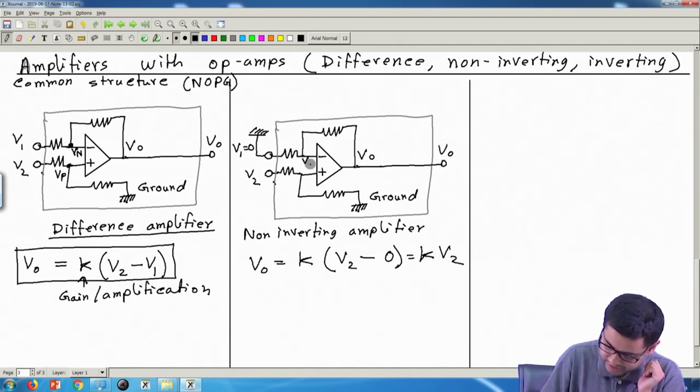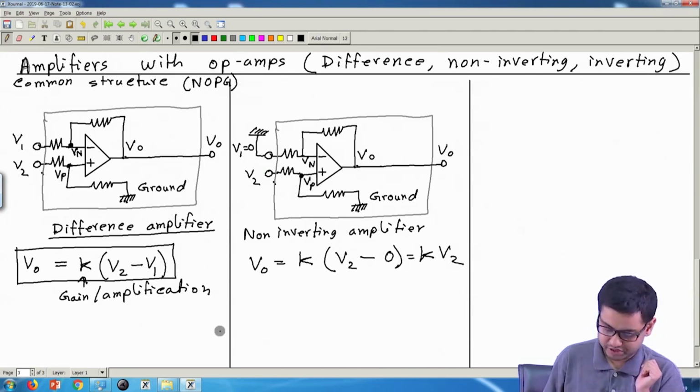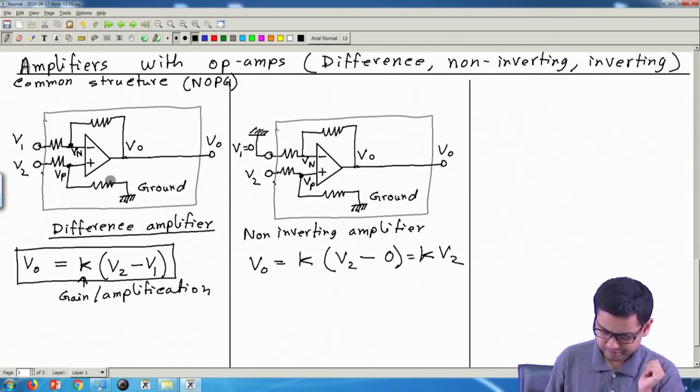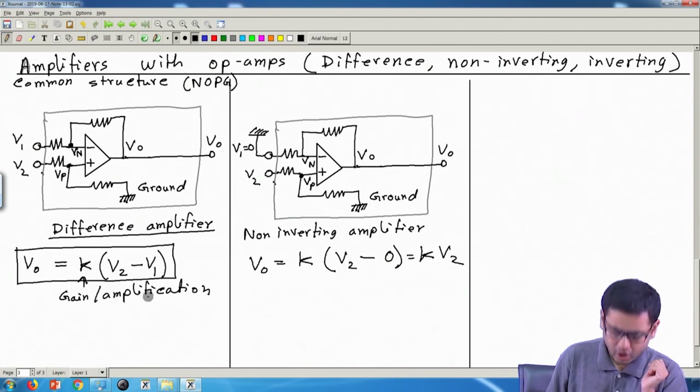So this is Vn, this is Vp, negative and positive. And right now I haven't written the values or any name of these resistances. I'll do that soon.